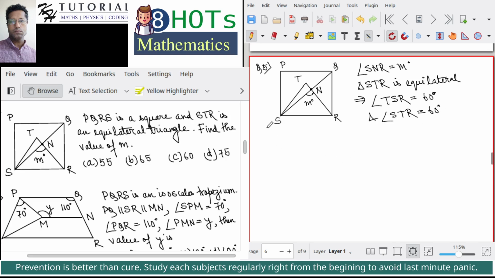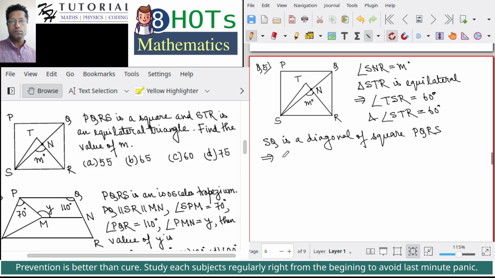Now, one concept you must know is that all the diagonals of a square bisect the angles. So SQ is a diagonal of the square PQRS.